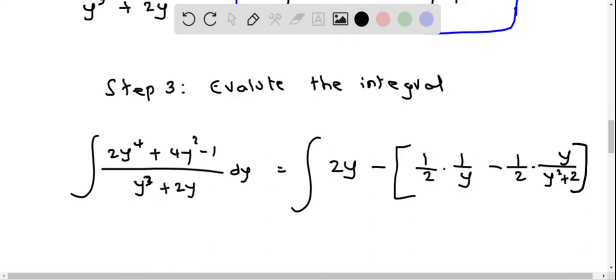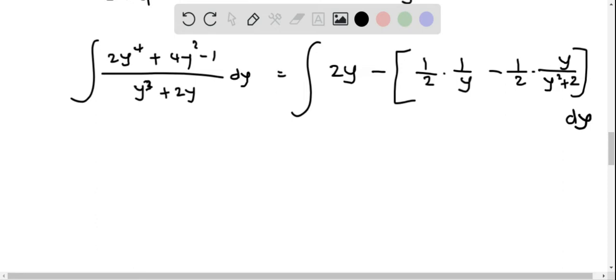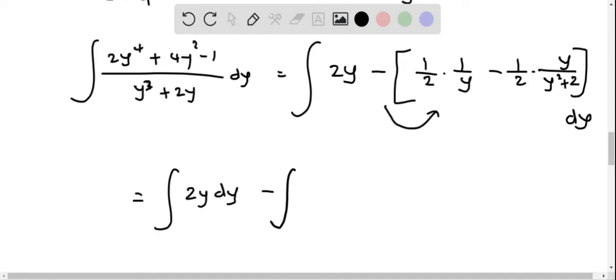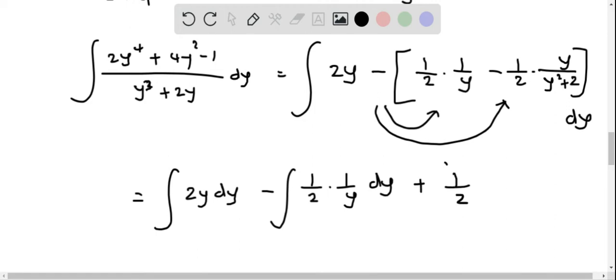We close this bracket, and so we have to integrate this with respect to y. Now let's perform the integration. We can rewrite this term by term. So first I write down the integration of 2y, and then if we distribute this negative, we will get negative of integral of half times 1 over y dy. And then we distribute this negative to here. This will be negative times negative is positive. So we then have the integral of half times y divided by y squared plus 2 dy.